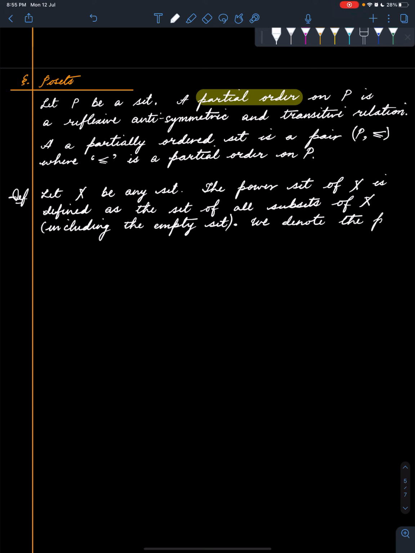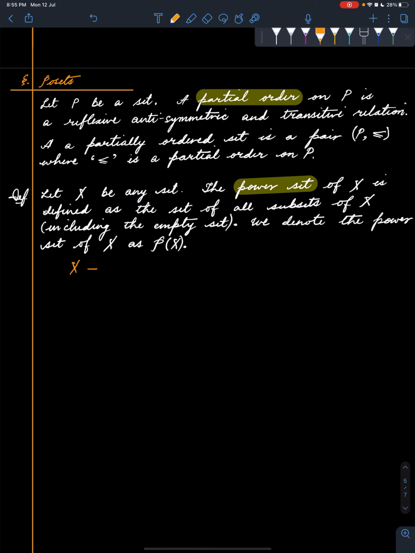We denote the power set of x as, we make a script p and then an x. So we have defined power set. And let us quickly see an example.